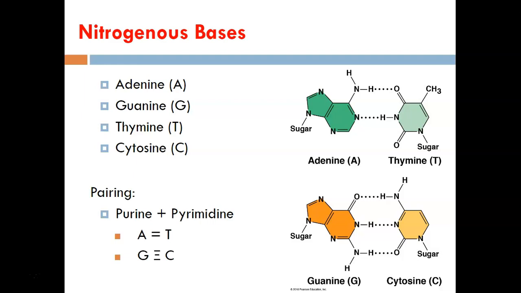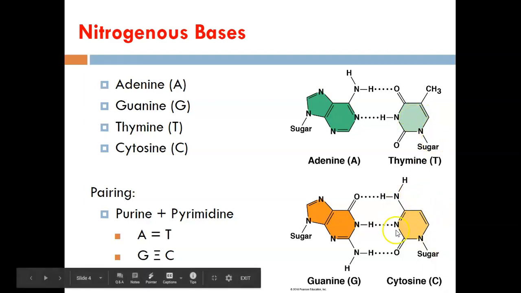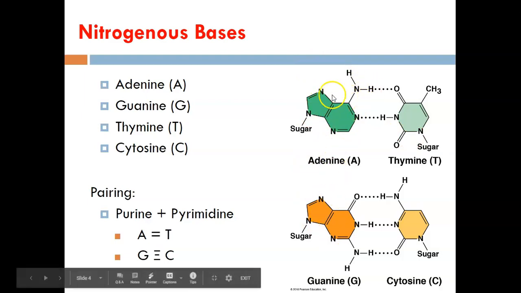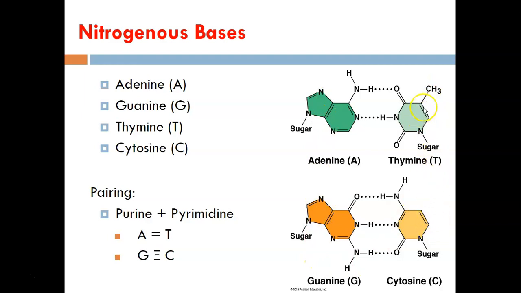In terms of pairing rules, A is always going to pair with T with 2 hydrogen bonds, and you can see based on their particular structure, C and T are a single ring, whereas A and G are larger. They're known as purines for the larger ones and pyrimidines for the smaller ones.